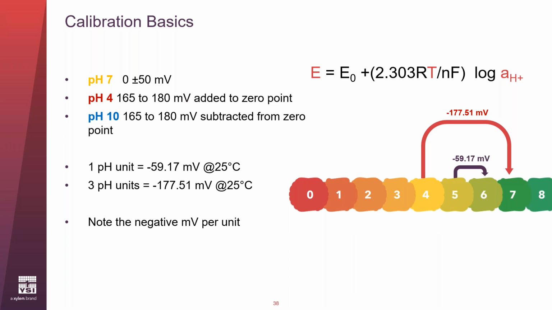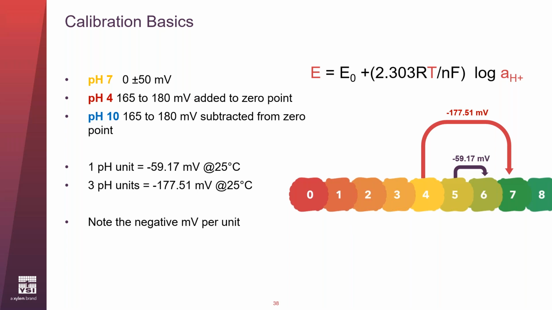So note the negative millivolts per unit. That negative slope explains why when we go to pH 4, where the number goes down, it has a positive millivolt value, and pH 10 has a negative millivolt value, because of that negative slope right there.